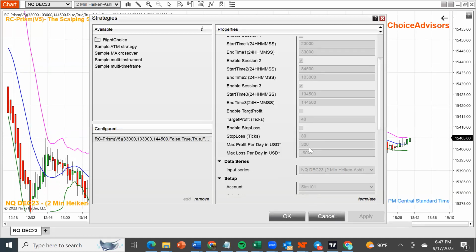If it is in a buy, even if it crosses 300, it will wait until the end of the buy, and then it will see that for today I crossed my $300 profit, so it will stop trading. It is not like a stop loss where it stops in the middle, because while a buy or sell is going on, there is still a potential it will continue in the trade.